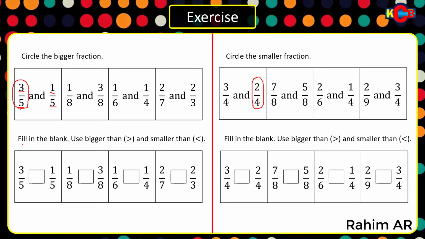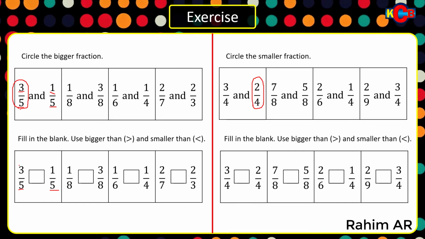Then here, fill in the blank. Use the bigger than symbol and the smaller than symbol. So here, 3/5 and 1/5. The denominator is the same, 5. Then we compare.